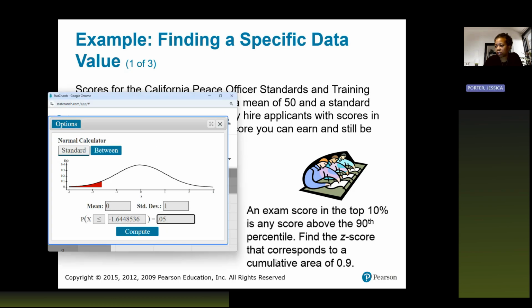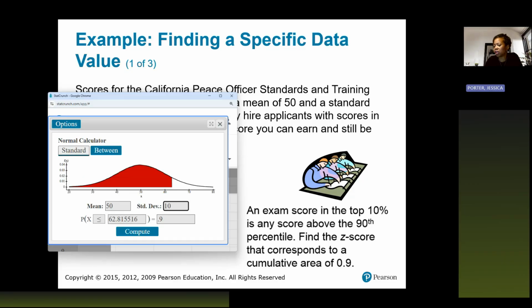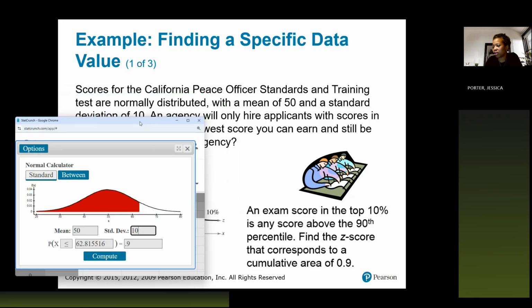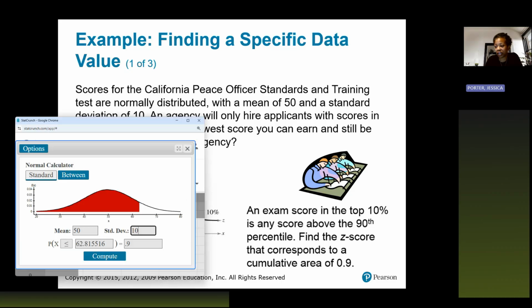What's the z-score, and they said 50 and 10. Uh-oh, I gave you the answer. Well, if you had put in here 0 and 1 and 0.9, you would get the z-score of 1.28.